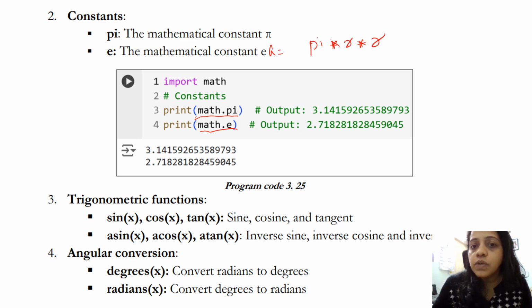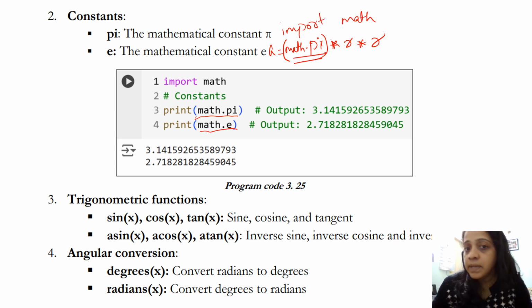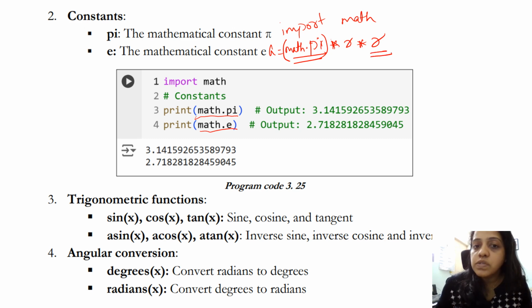A equals, and instead of pi we should write math dot pi. You have to write it like this, and before that you have to import math. After importing math, if you give math.pi, the pi value will be directly obtained from the math module. Then multiplying that value with r star r, you will get the area of a circle with radius r. So like that we can use the constant values.